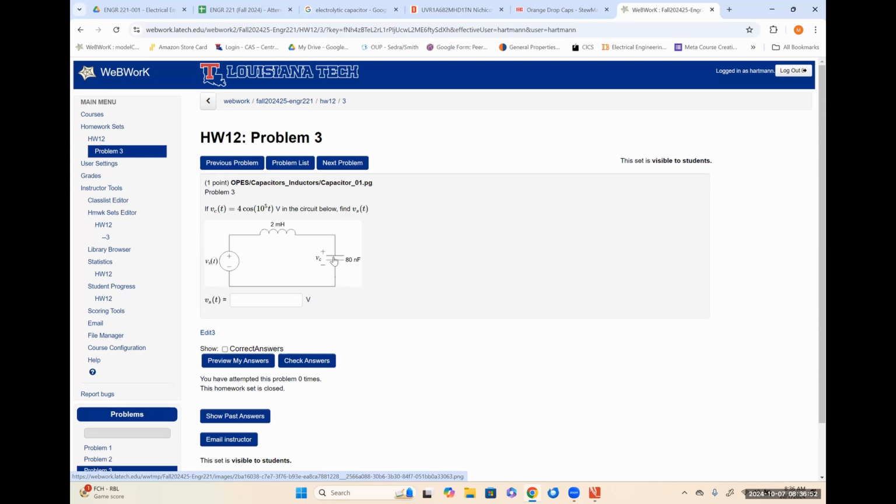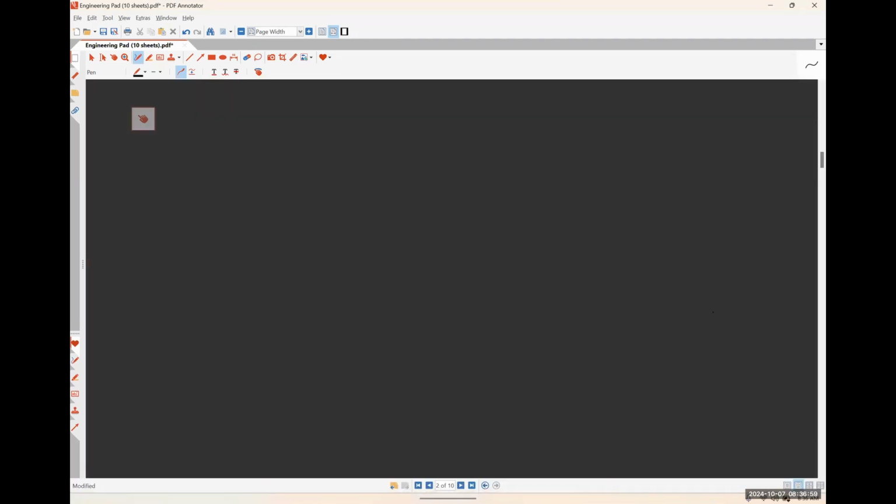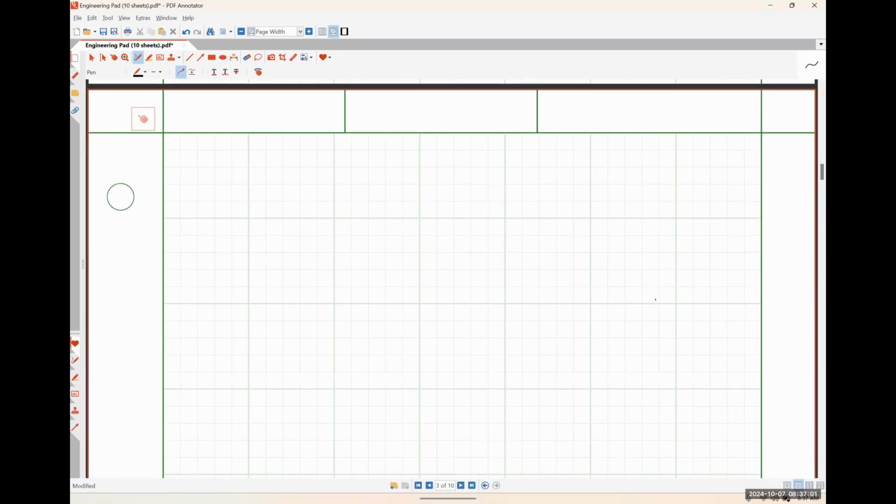So let me put up a circuit similar to this, and let's talk our way through things. Here we have our voltage source. Here's an inductance.